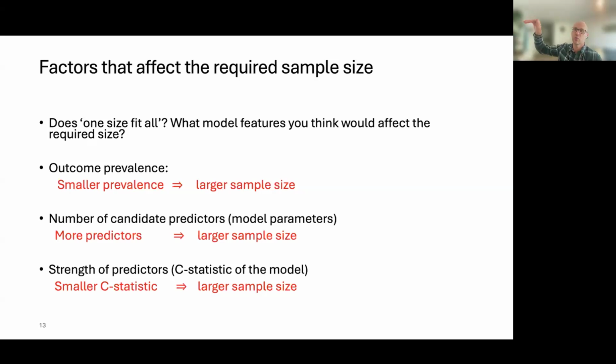The higher the C statistic would plateau, the smaller the sample size you would need to develop a good model. That's a little bit counterintuitive, because if you have a model with limited predictive ability, you need more data to develop it than a model that has higher predictive ability.